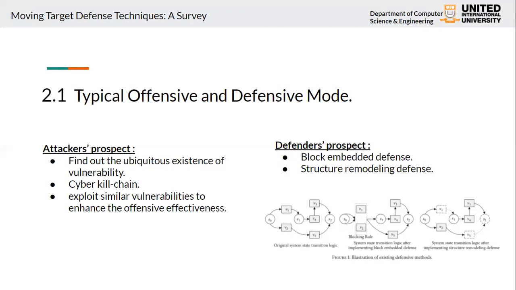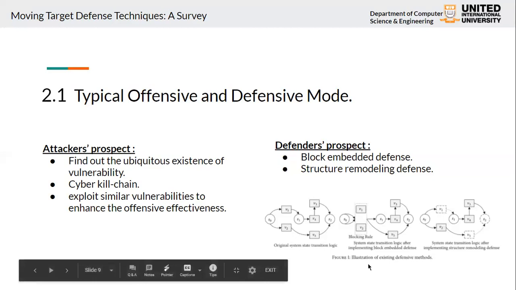And more and more, the attackers exploit similar vulnerabilities to enhance the offensive effectiveness. The existing defensive methods can be mainly divided into two blocks: embedded defense and structure remodeling, which we can understand very clearly by the following illustration that has been added to the slide.